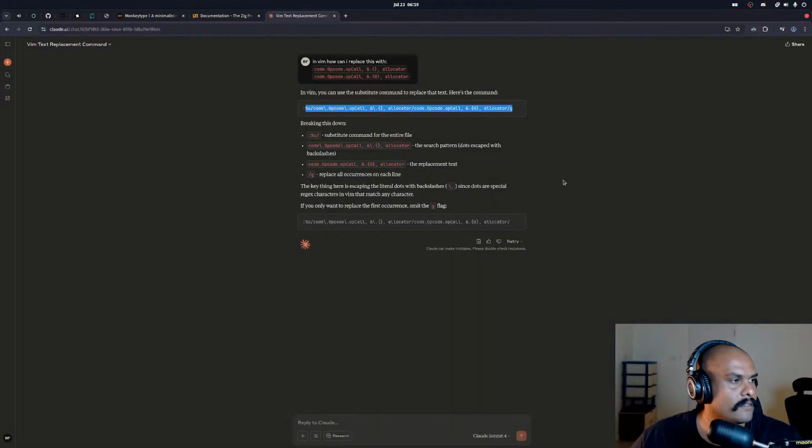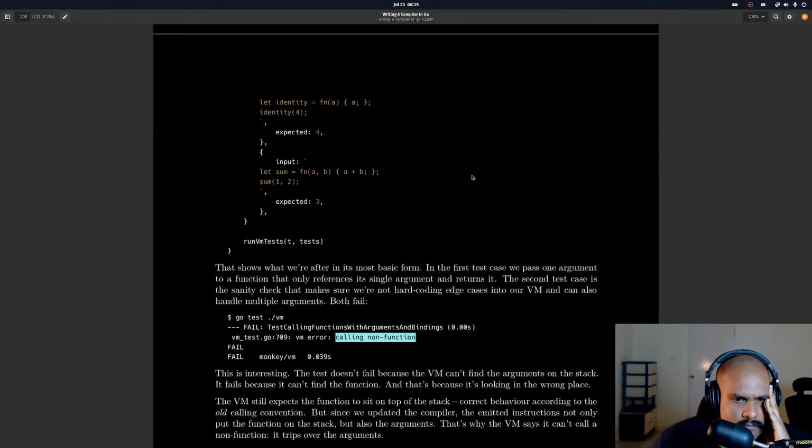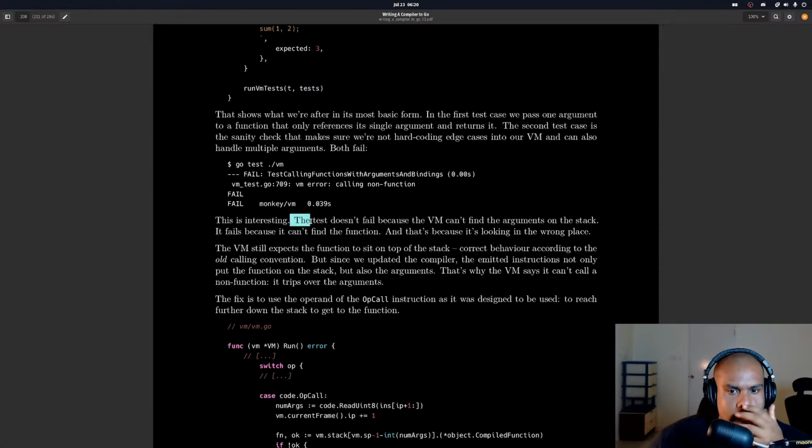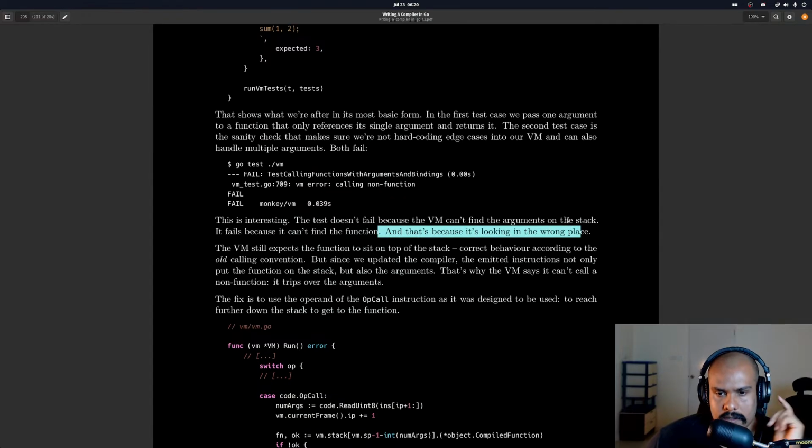I mean, they haven't showed up in a while. Fails because it can't find the function. That's because it's looking in the wrong place. Oh yeah, because you haven't updated the stack pointer.